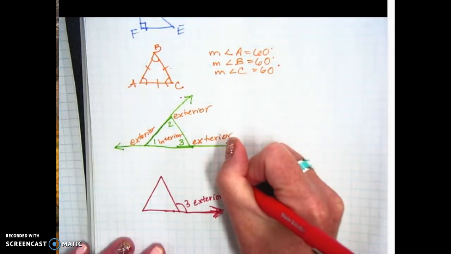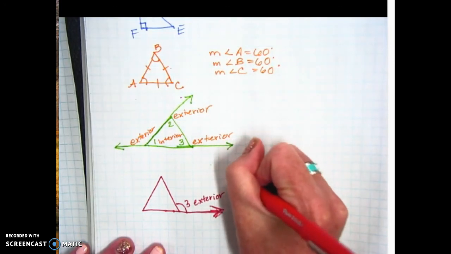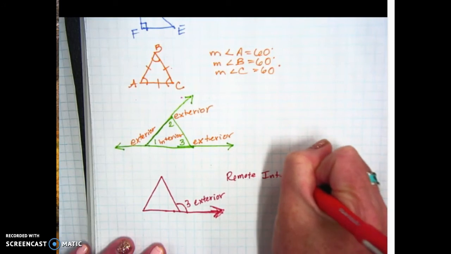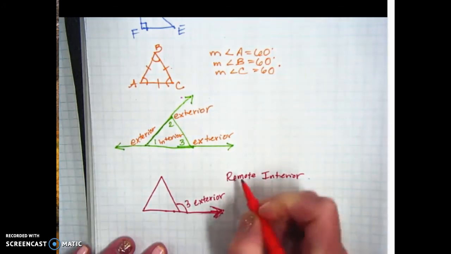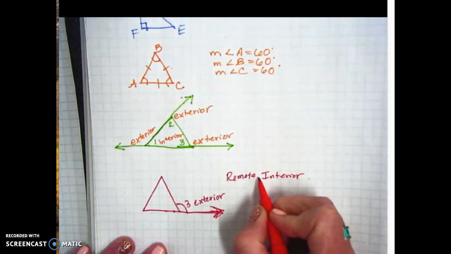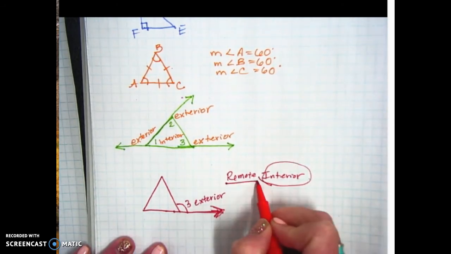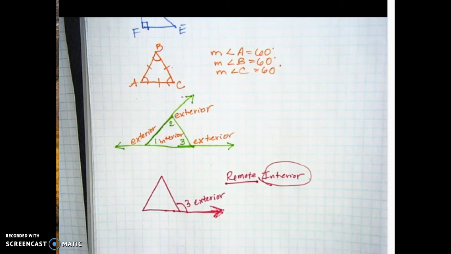The title of this theorem is called the remote interior angles theorem. So we want to say something about these interior angles that are remote. What does the word remote mean? Like separate.